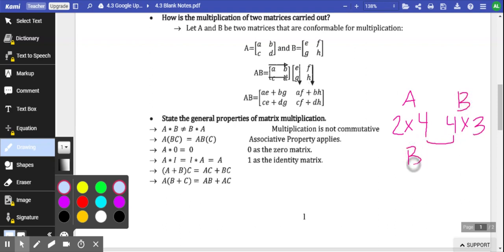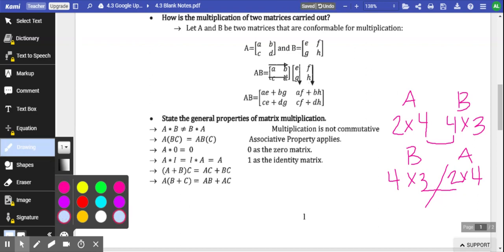But if I flip the order, so that's B and now A, 2 and 3 are not the same number, so it doesn't work.